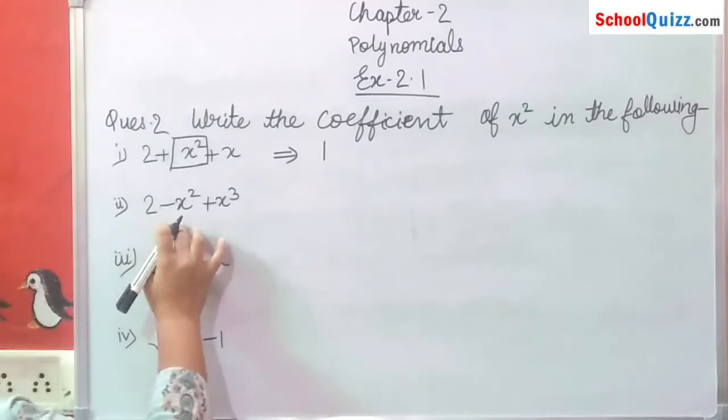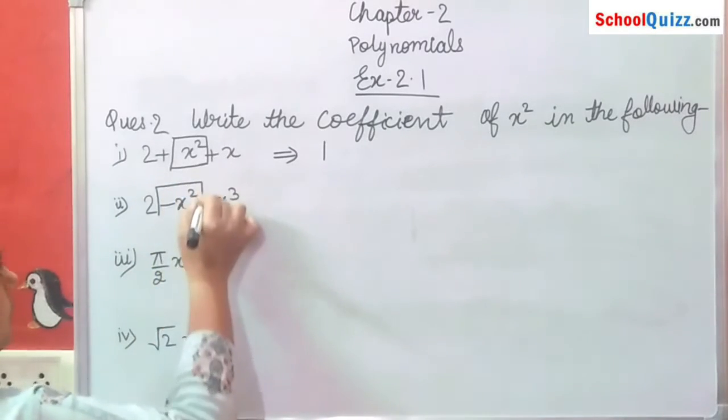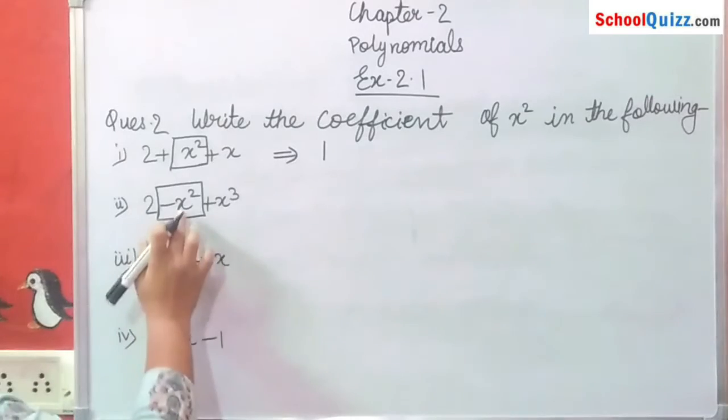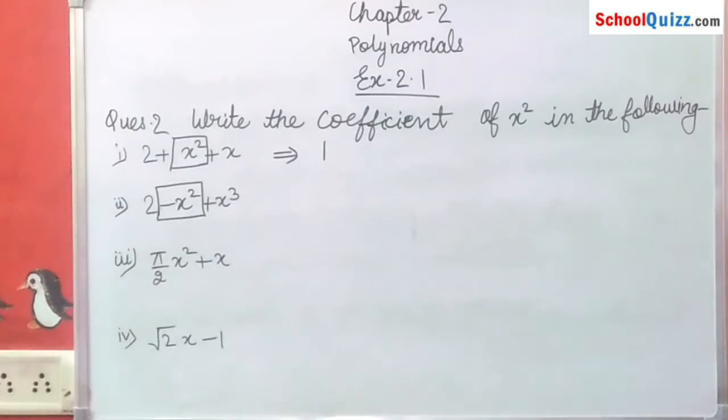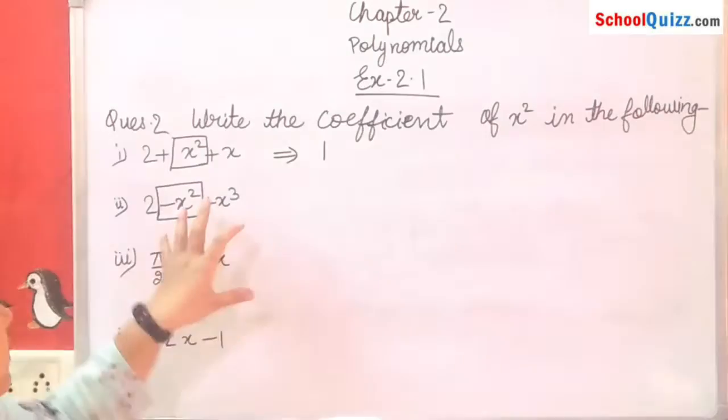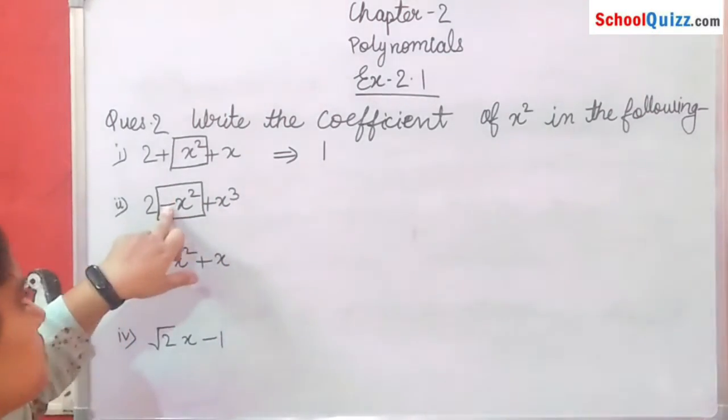Similarly in this one expression, this is x square, we will take this with their symbol, whether it is plus or it is minus.